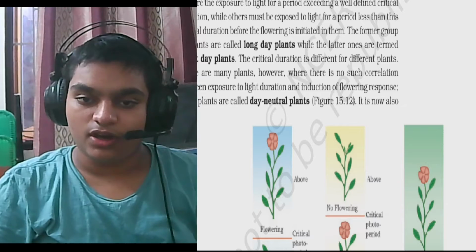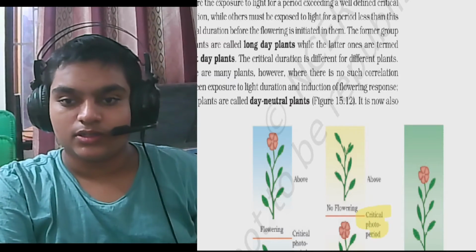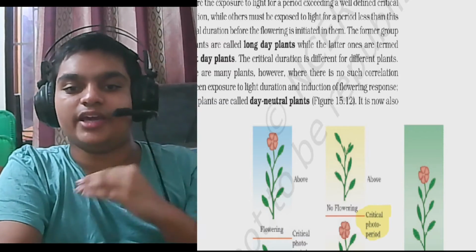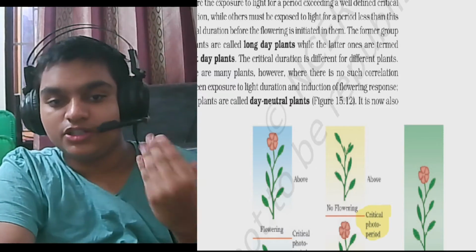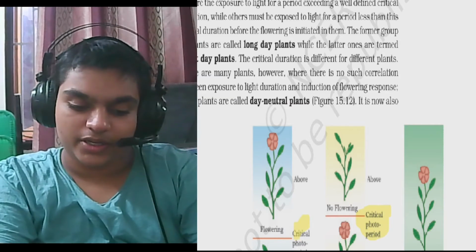So for talking about this, we require a word called critical photoperiod. This photoperiod line is the differentiating line in some plants in order to induce flowering, and is called the critical photoperiod.